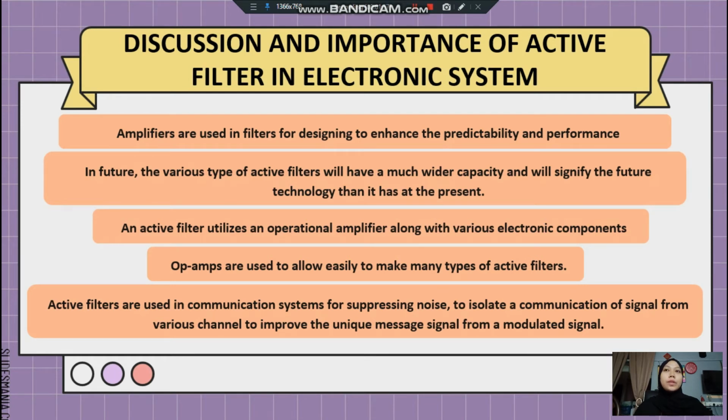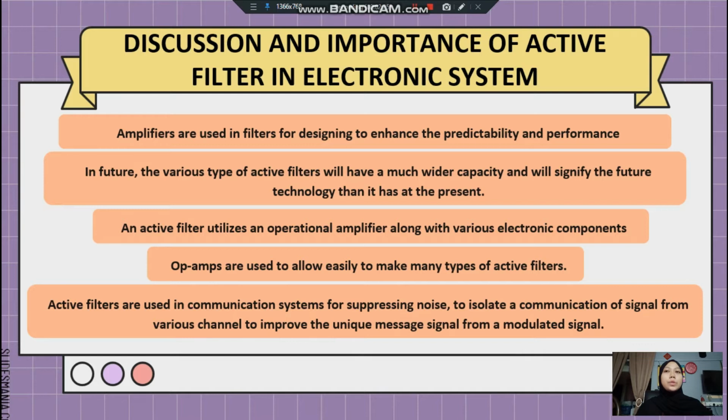Amplifiers are used in filter design to enhance predictability and performance. In future, the various types of active filters will have a much wider capacity and will signify the future technology. Active filters utilize an operational amplifier along with various electronic components.